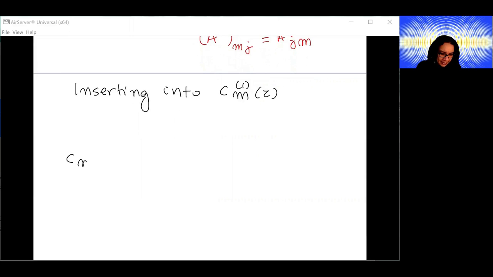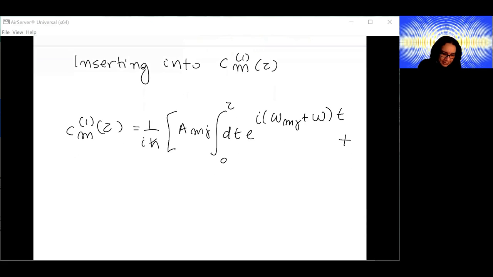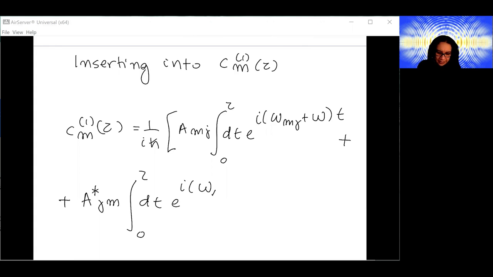So we're going to find that C_m^(1)(tau) is going to be 1 over i h bar, a_mj integral from 0 to tau dt e to the i (omega_mj plus omega) t, plus a star_jm integral from 0 to tau dt e to the i (omega_mj minus omega) t.